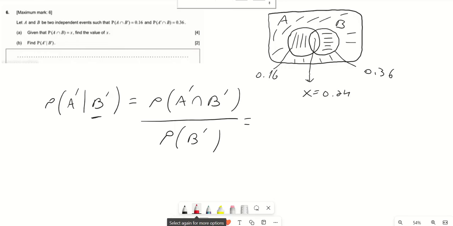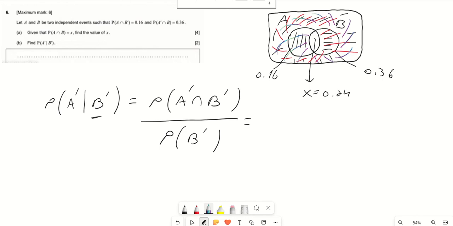So A prime, everything that is not in A. And B prime, everything that is not in B. And we need their intersection. So the intersection is just the outside. Everything that is not in A and everything that is not in B, it's just the outside.